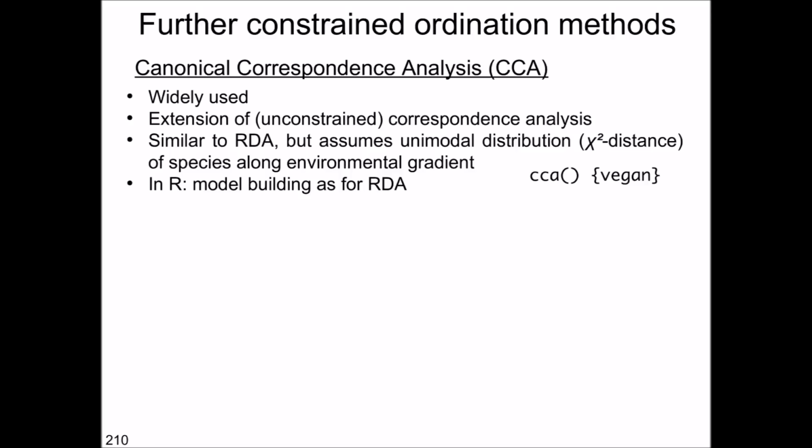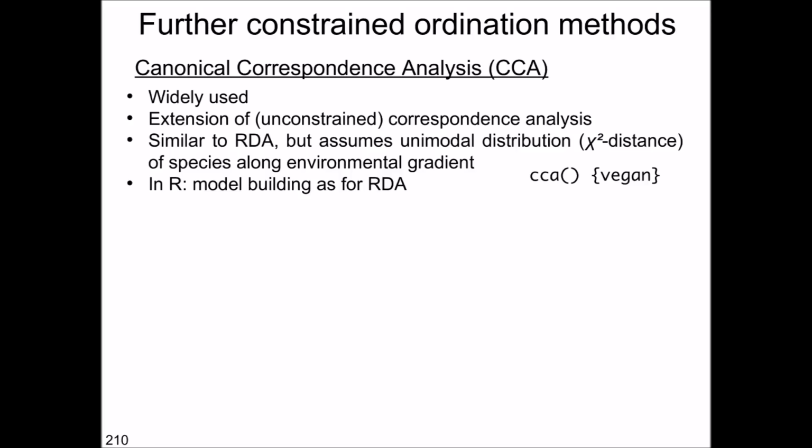We have discussed it before, and this technique is often used if you assume that you have a unimodal distribution of the species along the gradient of the response to the explanatory variables, the predictors.